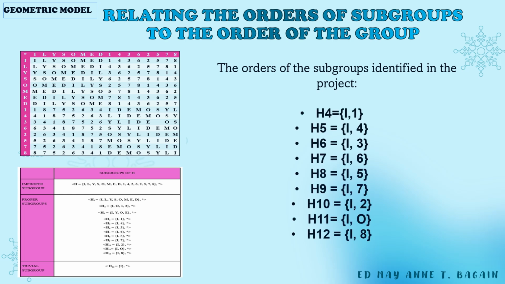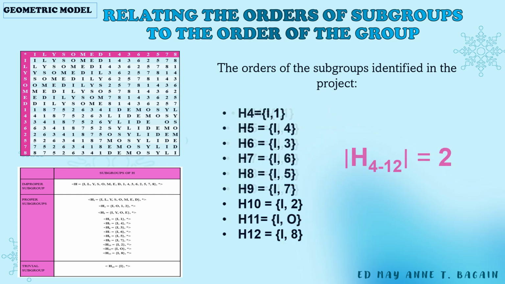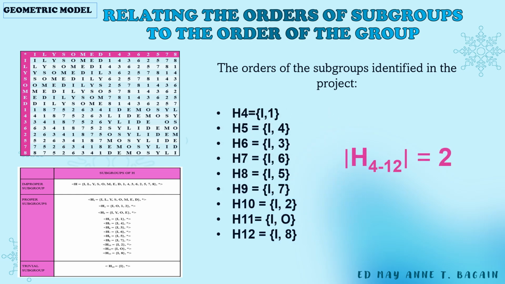And lastly, as we can see, from H sub 4 to H sub 12, we have subgroups of order 2. Each has order 2, which is a divisor of 16.